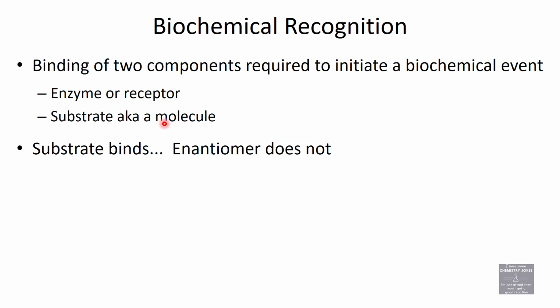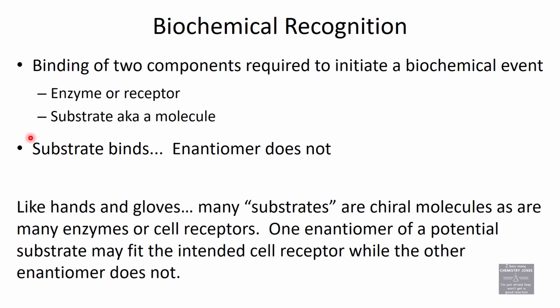A substrate is just a fancy way of saying a molecule. But that molecule usually needs to have an appropriate shape, because the shape of the molecule needs to fit precisely into the shape of the enzyme in order to do what you need that compound to do.